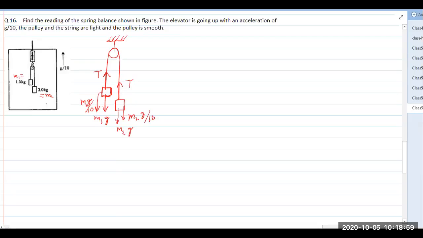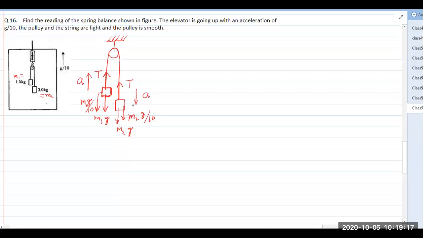Now how do we write the equation? Which one is heavier? The 3 kg is heavier, so 3 kg will try to go down and 1.5 kg will try to go up. One is going down with acceleration a, the other will go up with acceleration a.